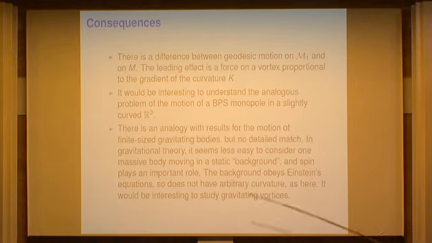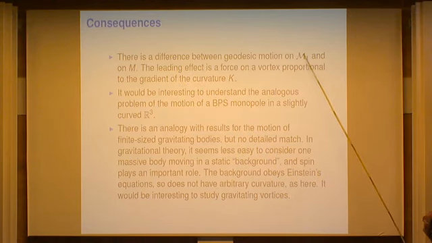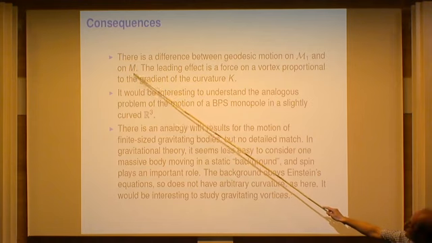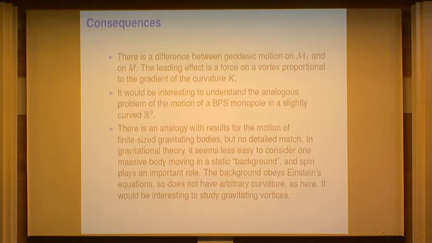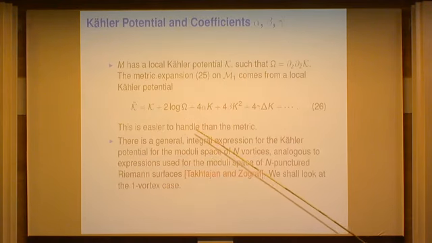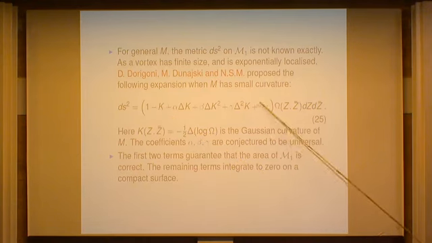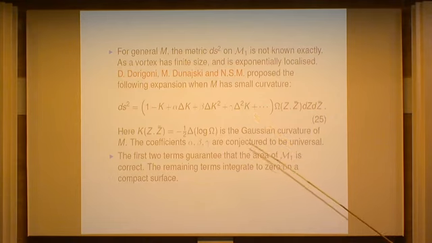Anyway, that was to do with understanding a vortex on a big surface of small curvature. We found there's a difference between the geodesic motion on the moduli space and the geodesic motion on the original manifold. The main difference comes from this K term. Without all these other terms, we just have geodesics on the original manifold.